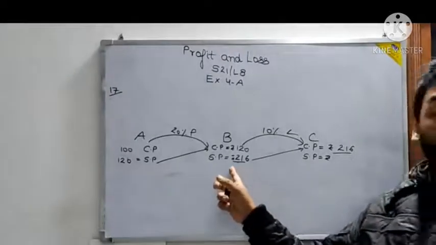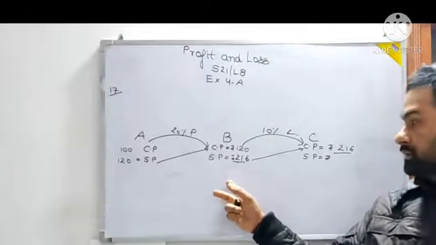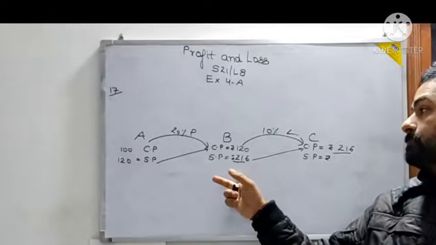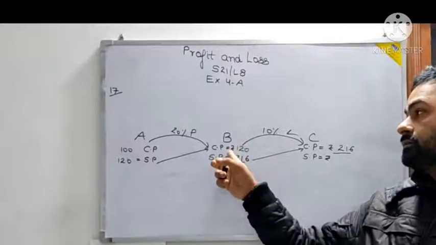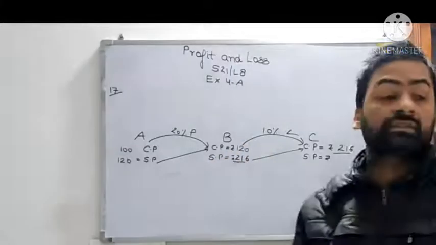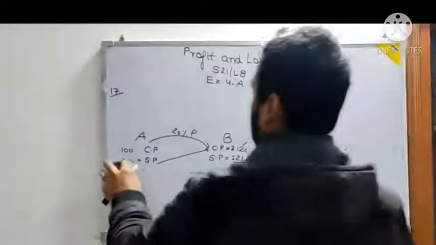So if selling price is 216 rupees, that means this is the price at which B has sold. So SP for B is 216. So SP and 10% you can get the CP. This 120 I have written because I have assumed 100. But I have to take here as X only.